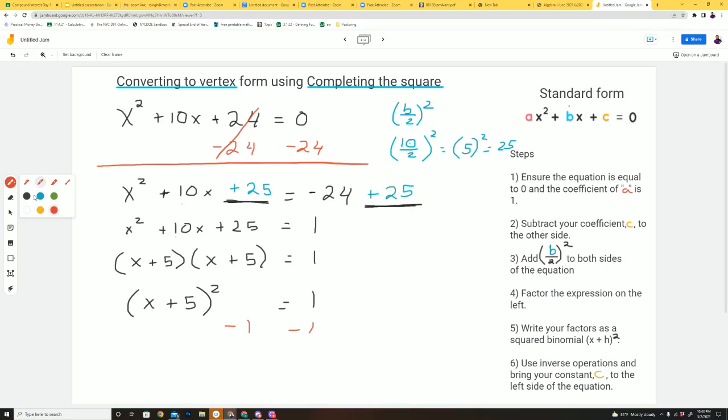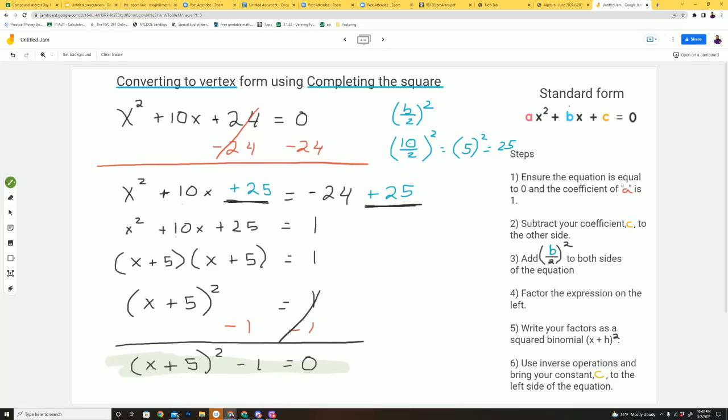Now don't get confused too much about where that 1 goes, because in vertex form, this is going to cancel out here. Bring down your x plus 5 to the second power minus 1 equals 0. Right here, we have our vertex form. Let me highlight that for you. This here is our vertex form, x plus 5 to the second power minus 1.